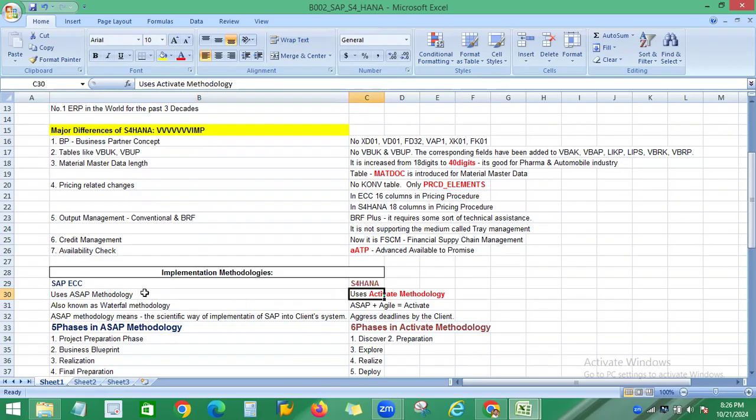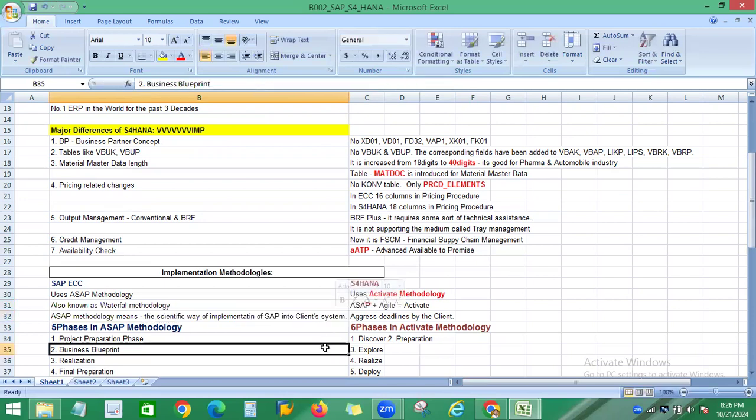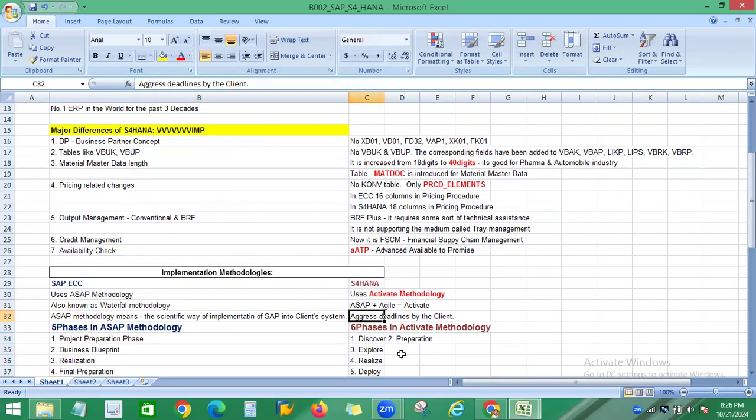So in SAP S/4HANA, we use the Activate methodology. However, in SAP ECC, we use the ASAP methodology. ASAP methodology means the scientific way of implementing SAP at the client. However, in SAP S/4HANA, we have aggressive deadlines from the client. Aggressive deadline means, let's say we are doing the development.